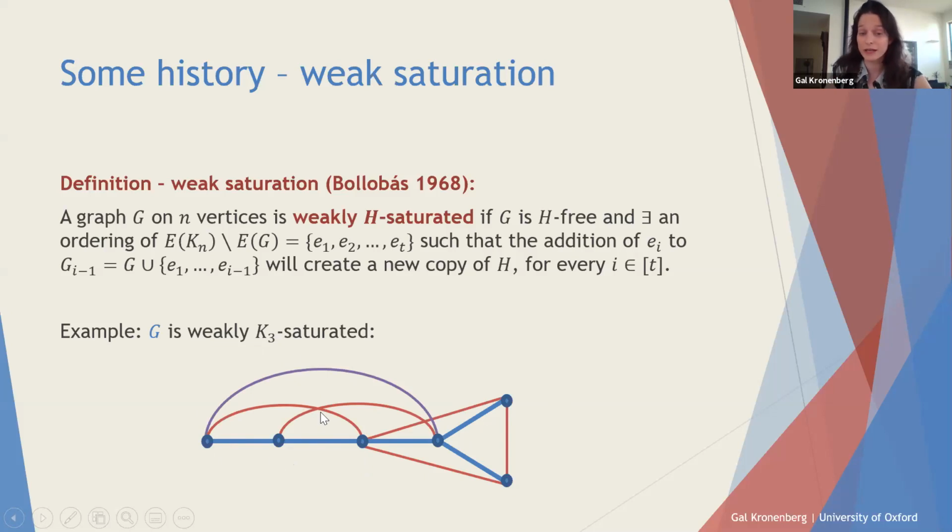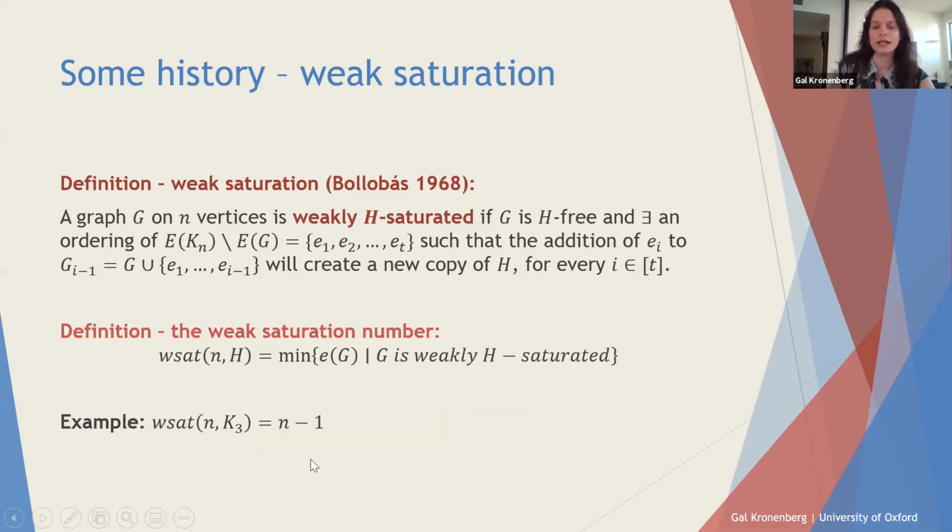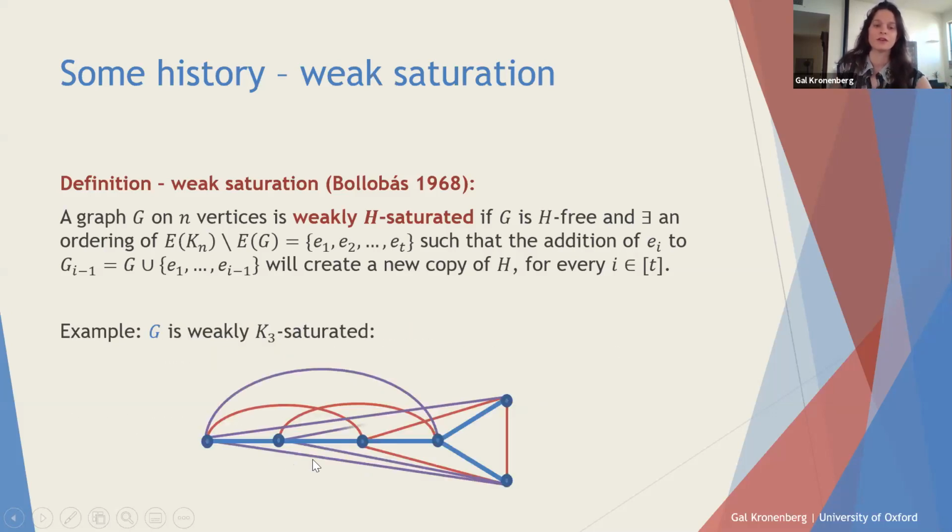So the ordering is really important. Otherwise, I couldn't add it; I could add it only after I added this red one. And now I have this one, and eventually I can add all of them and get the complete graph. So this blue graph was weakly K3-saturated.